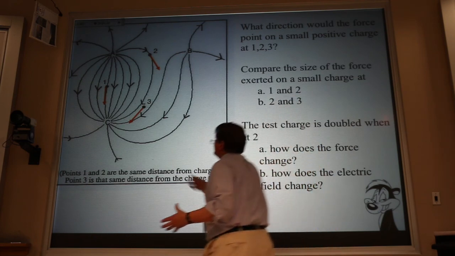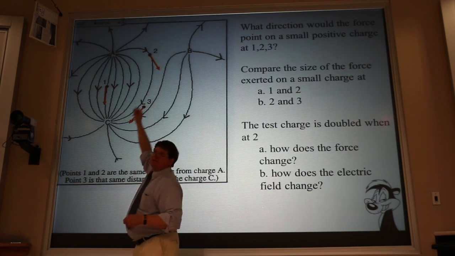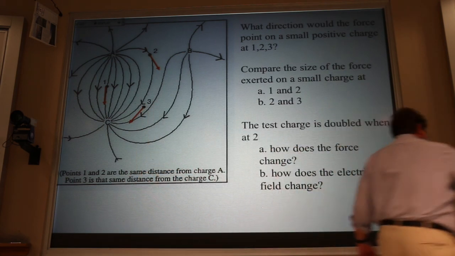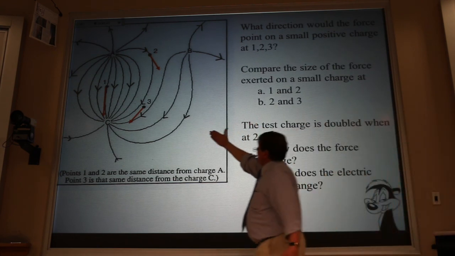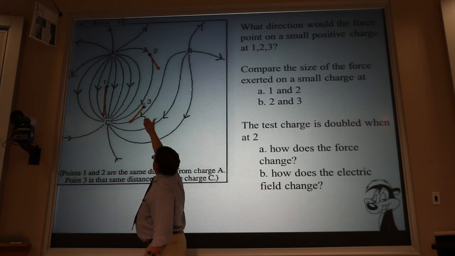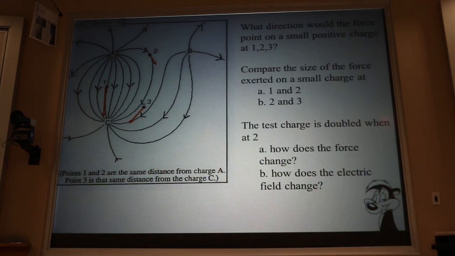All they have to do is say, field lines close together, stinky. Field lines far apart, not stinky. And so the force would be bigger at 1. If I compare 2 and 3, they're closer together at 3, and so 2 would be the weakest. You see how you use those?